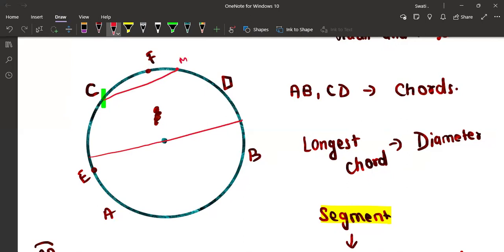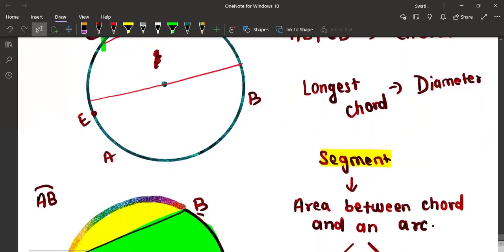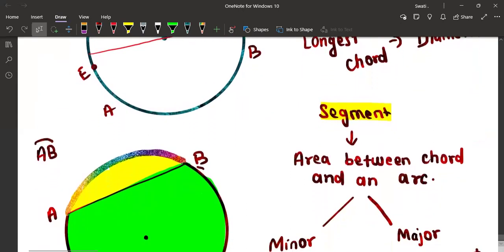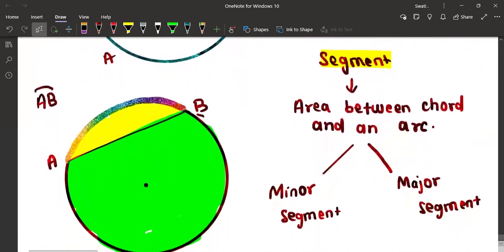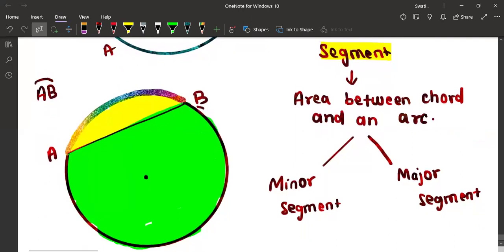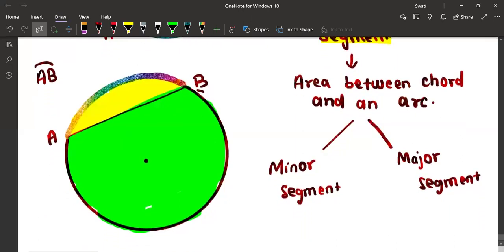Next, we understood that when you have drawn a chord, Manya, you can see that you are getting some space. It is being divided into two parts, right? So the parts are called segments. The one that is smaller is called the minor segment, and the one that is bigger is called the major segment, right? What is minor segment? Let me just annotate here.